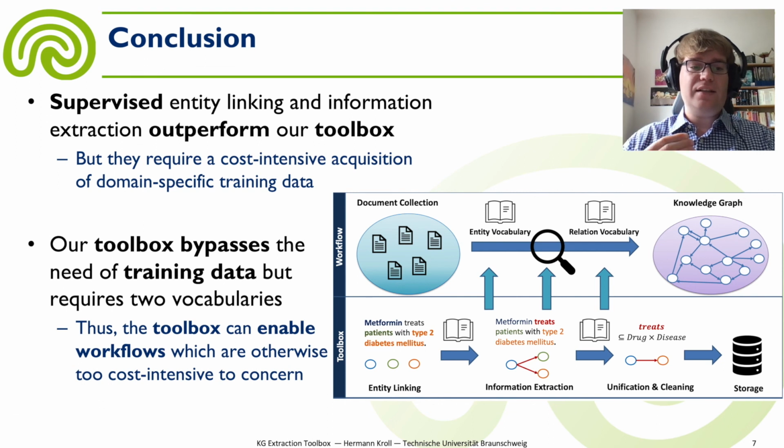And precisely here we propose our toolbox that bypasses the need for training data in the extraction phase completely, but requires two vocabularies, an entity vocabulary and a relation vocabulary. Thus, the toolbox can enable workflows which are otherwise too cost-intensive to consider.